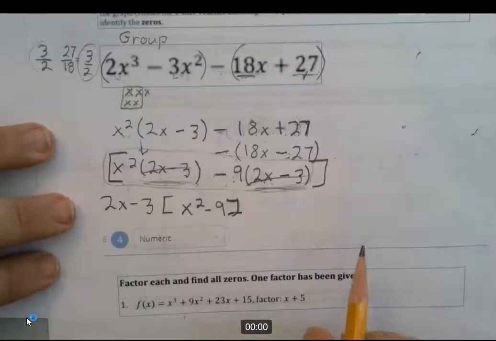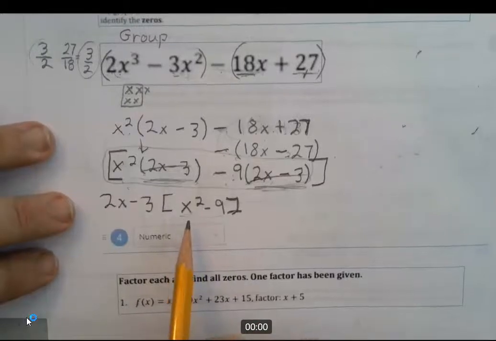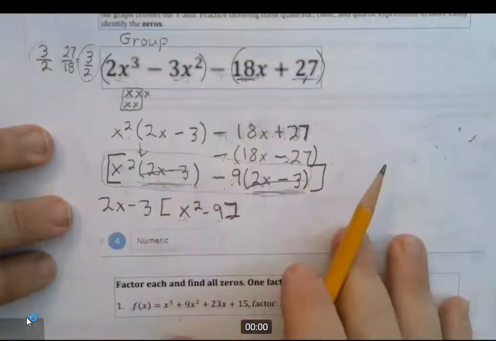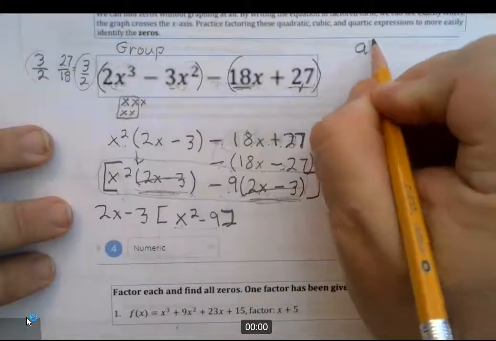X squared minus 9. And this is factorable. Start to learn to recognize this as a difference of squares. X squared is a perfect square, 9 is a perfect square, so it's a difference of squares. We've written the formula before. Let's write it again.